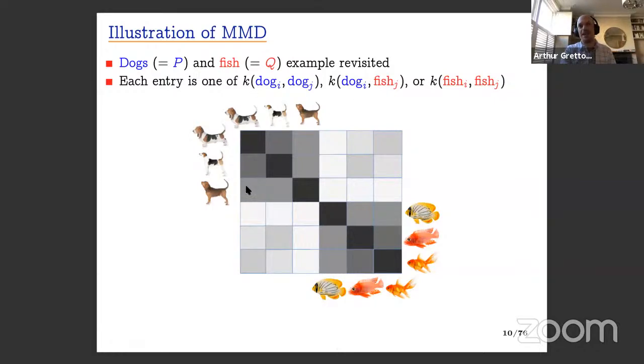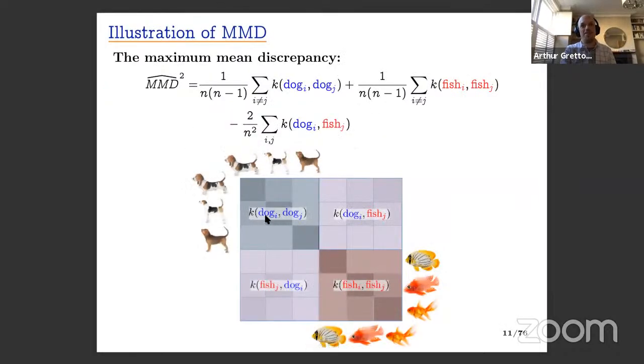So how similar a given pair of objects are. So obviously my dog here is very similar to itself, and it's quite similar to this other dog, and it's a little less similar to this dog, but it's not at all similar to any of these fish. And I've got the same sort of structure among my fish. All right, so I compute the kernel between every pair of dogs, kernel between every pair of fish, kernel between my dog and my fish.